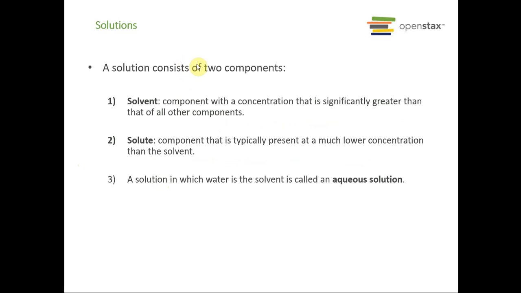A solution consists of two components: the solvent, the component with a concentration that's significantly greater than all other components, and the solute, the component that is typically present at a much lower concentration than the solvent. A solution in which water is the solvent is called an aqueous solution.